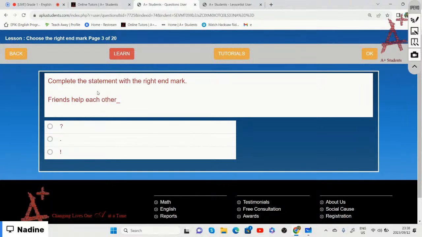We need to complete the statement with the right end mark. The statement, right? Friends help each other. Does a statement end with a question mark, a period, or an exclamation point?